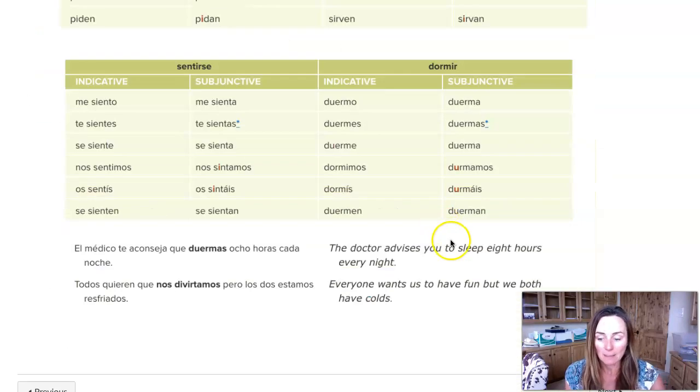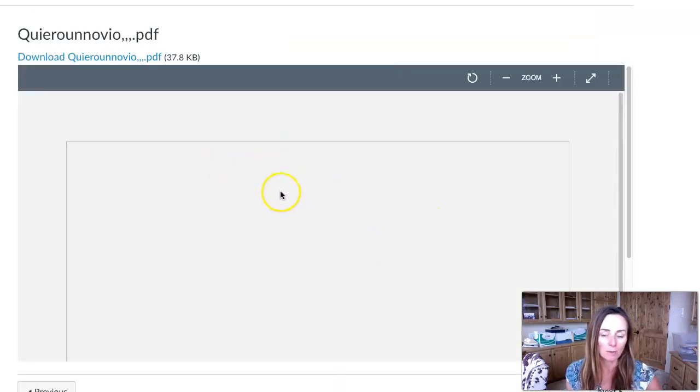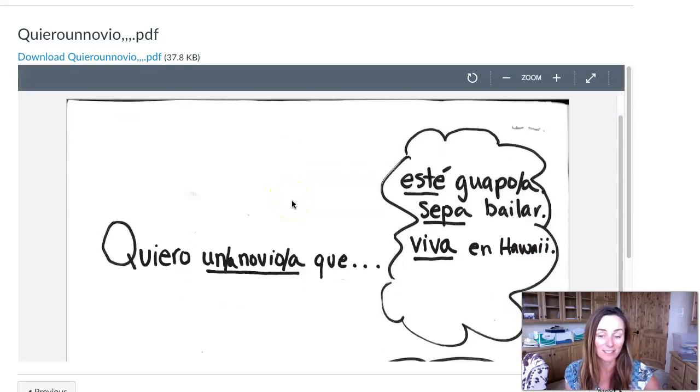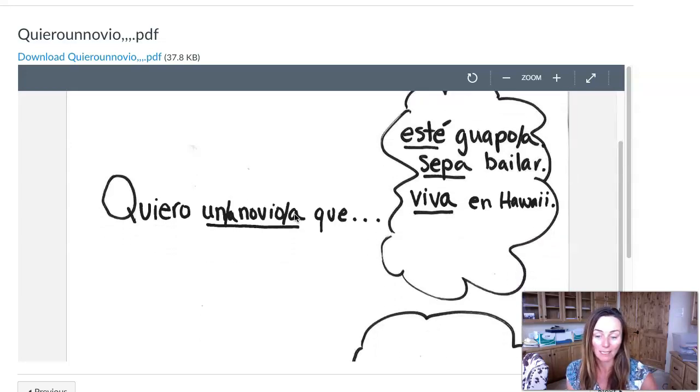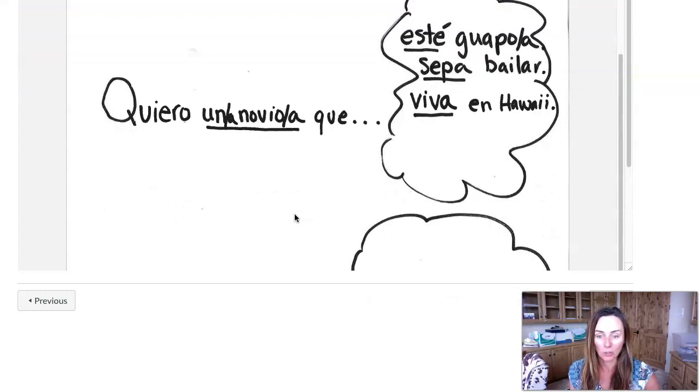Entonces, I'm going to skip ahead just to practice a little bit. So, quiero un novio. This is a document that you have, and it's practice with quiero something, que, and then the subjunctive. So, quiero un novio or una novia que esté guapo, que sepa bailar, que viva en Hawaii, que tenga casa, que tenga coche.